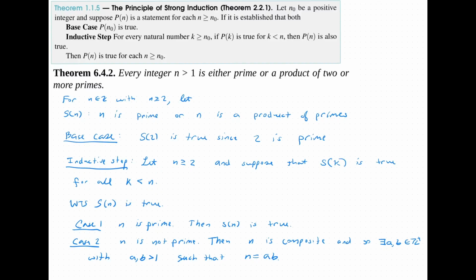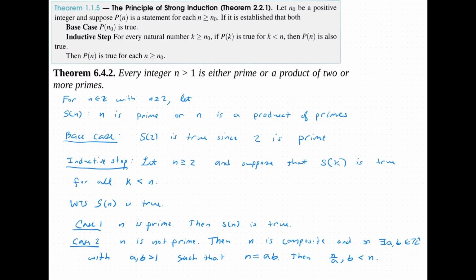With strong induction, we are able to look at the following. We have n is equal to a times b, and we also know that the factors of n, a and b, are both greater than 1. So then we have that a and b are both strictly less than n.